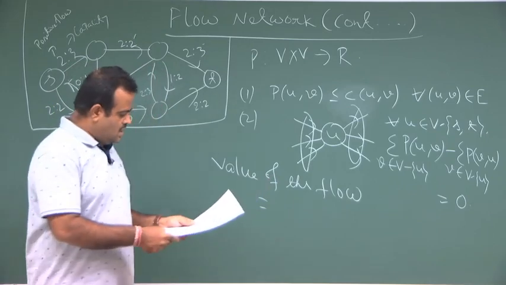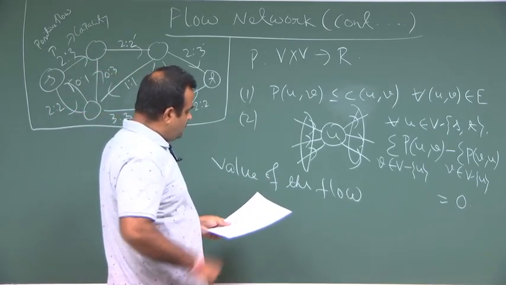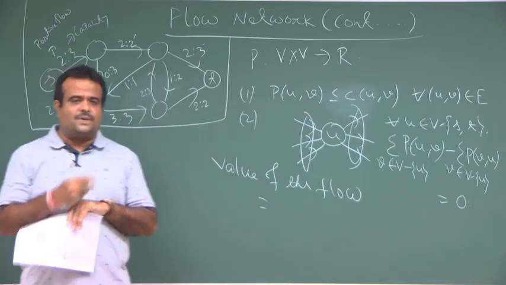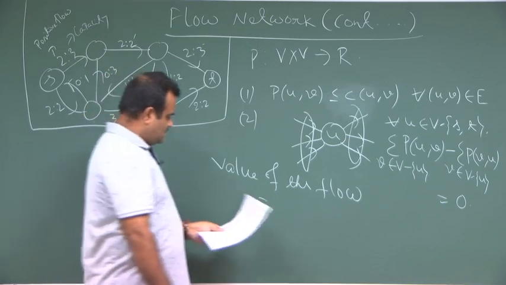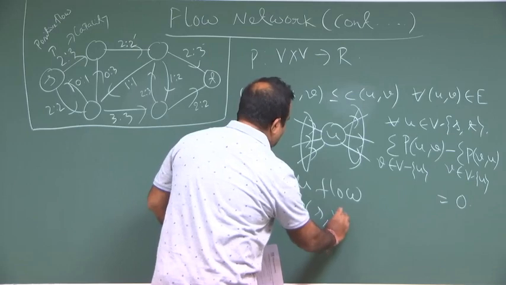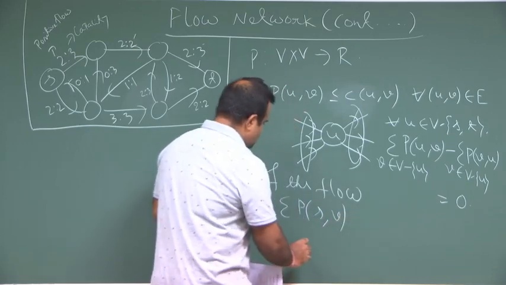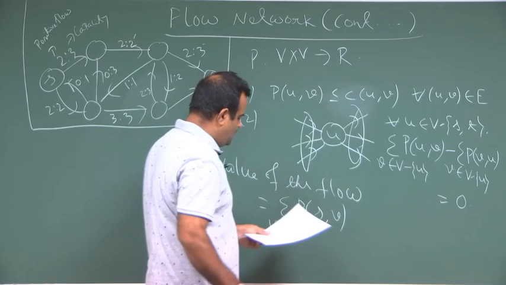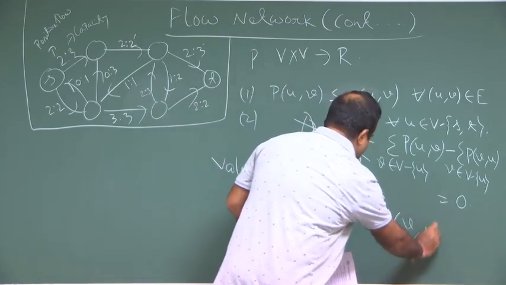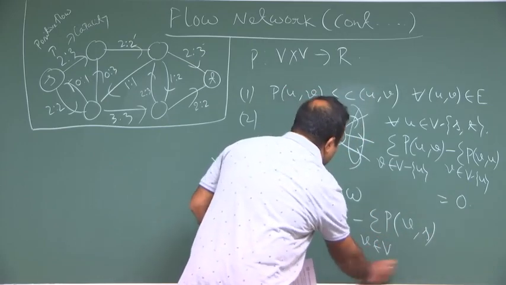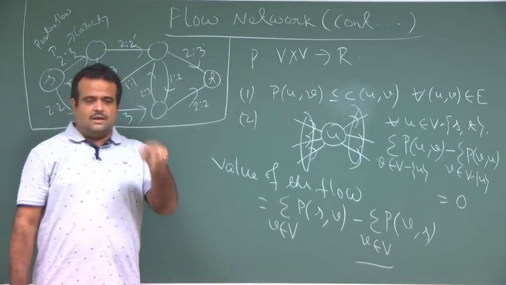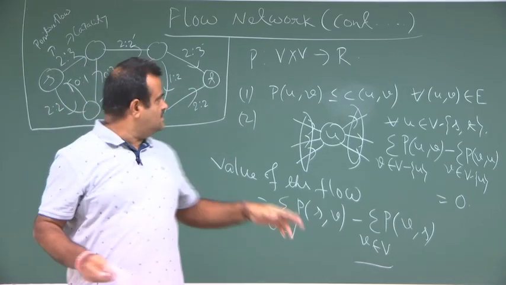So the value of the flow is the effective current we are passing from S, that is, the summation of P S comma V for all V belonging to V, minus the summation of P V comma S. This same amount of flow is going to the sink also.